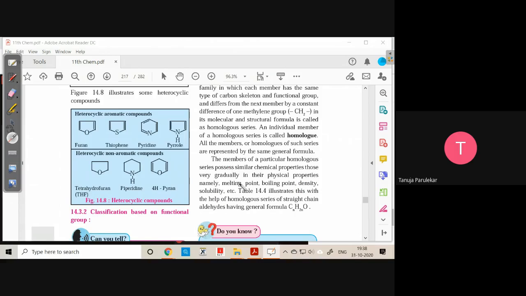All of this changes slowly when you go from one member to the other member in a homologous series. There is a gradual change in their physical properties, that is melting point, boiling point, density, solubility, etc. Table 14.4 illustrates this with the help of the homologous series of straight chain aldehydes having a general formula. We'll see that. Okay, we'll go there.